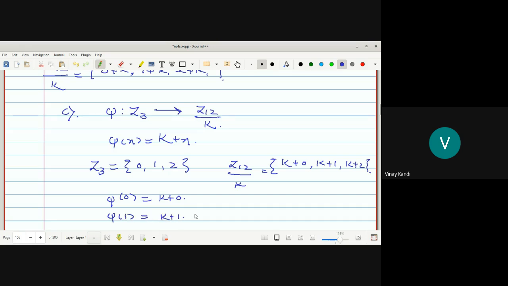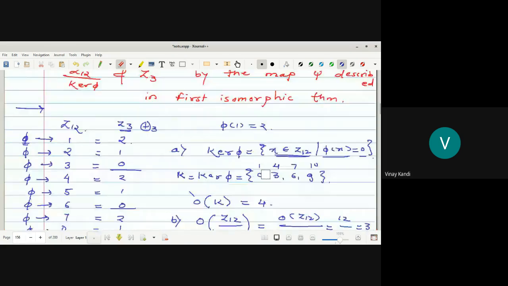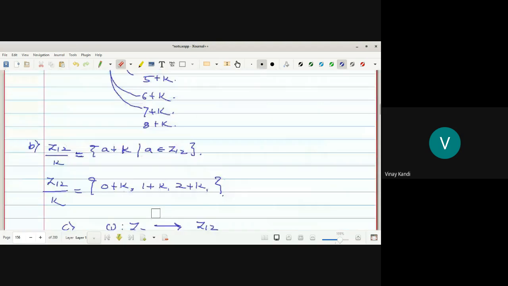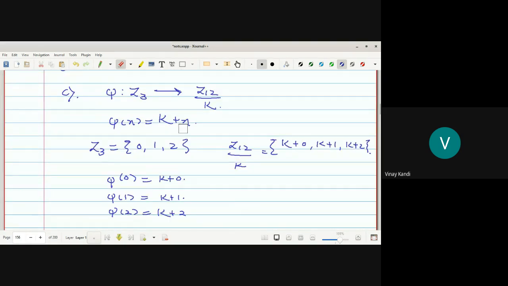Phi of 2 is equal to K plus 2. Okay, any doubt? So here the one-one correspondence between Z12 upon kernel of phi and Z3 is given by phi of x equal to k plus x, or x plus k, or k into x. That is the solution. Okay, any doubt?